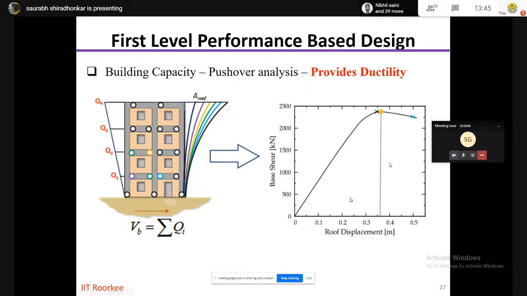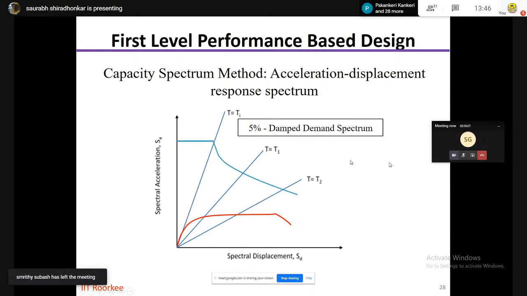So from this figure, we will figure out the ductility. And we have seen previously that there is a relationship between the ductility and the response reduction factor, depending upon the time period. Again, time period depends upon the structural configuration, or you could use the formula given in IS 1893. You can relate this ductility to the response reduction factor. So that is one way to look at it.